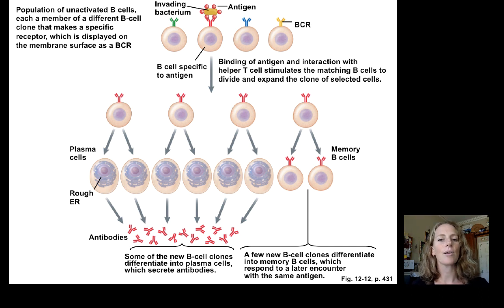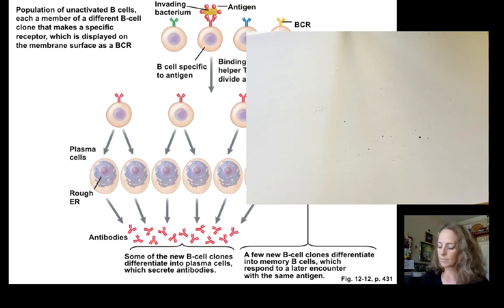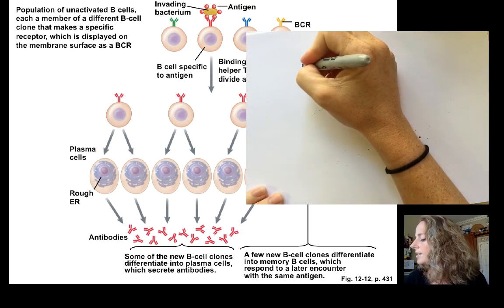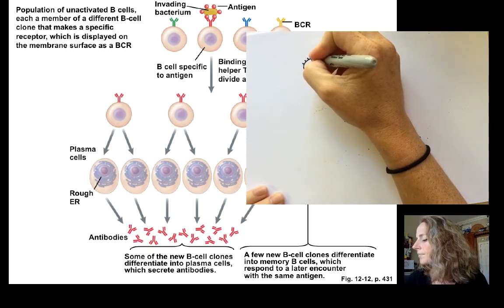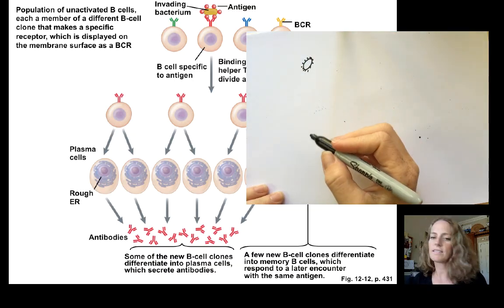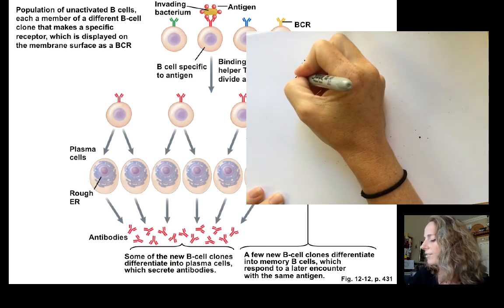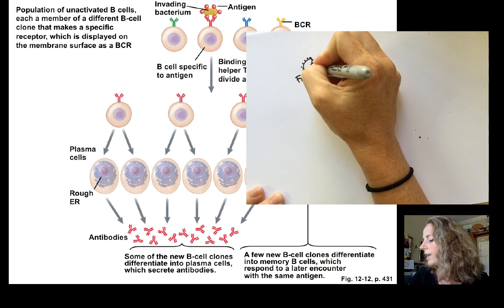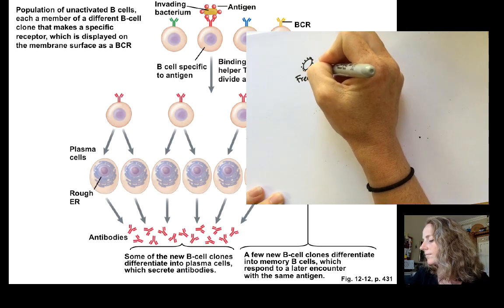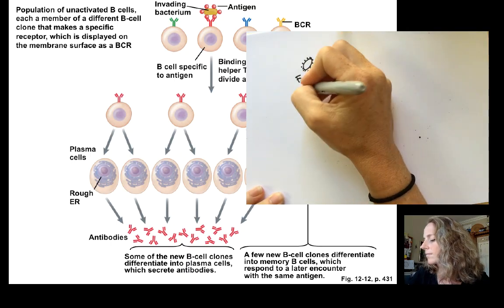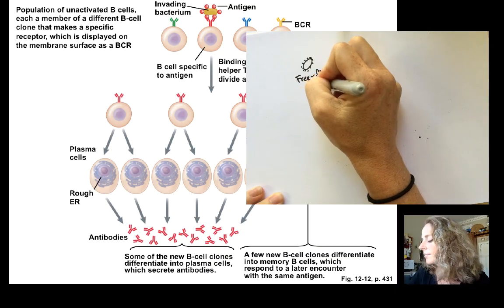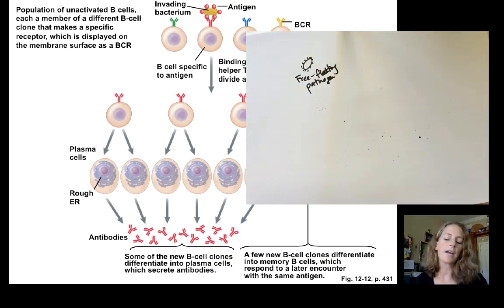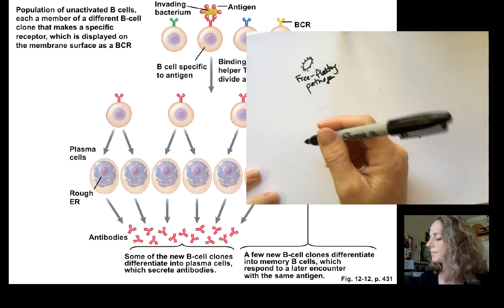So this is how your book diagrams it, but we're going to draw it out. So you have a bacteria that has invaded the body. This is a free floating pathogen circulating somewhere in the body tissues.